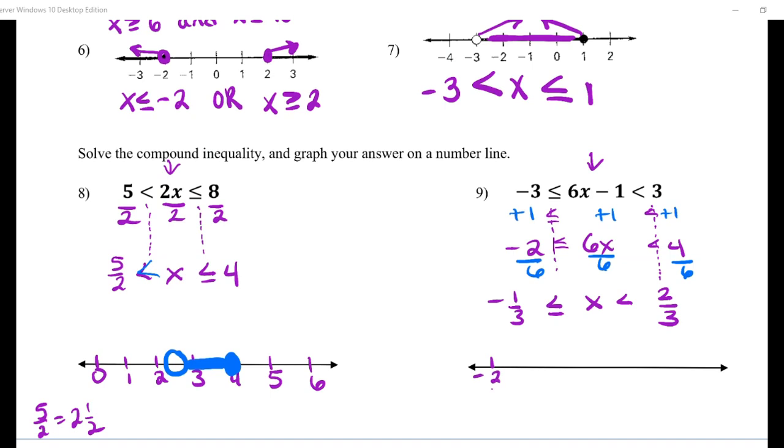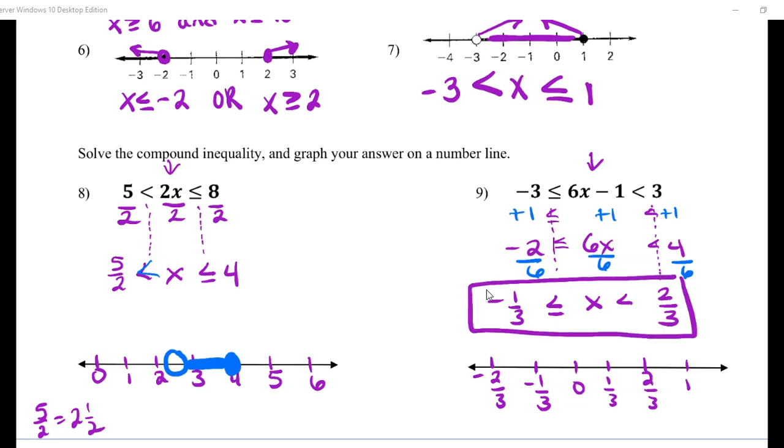Let's start with negative 2/3. Then we'd be at 0, 1/3, 2/3, and 1. But you could certainly just use integers and then estimate where those values would be. As long as you have the solution, the graph can be somewhat of an estimate.